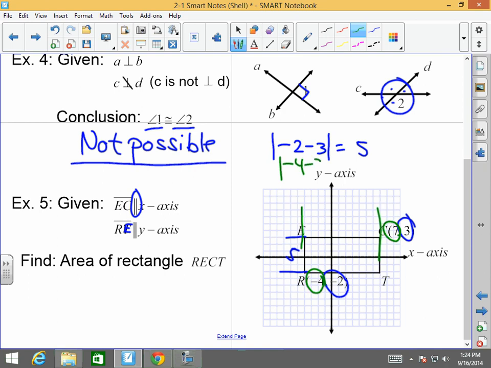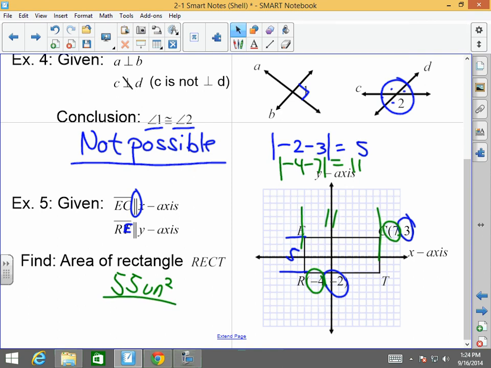So -4 minus 7 is the absolute value of -11, which is 11. So that's 11. And the area of a rectangle is base times height, which would be 55 units squared. The reason I put units is because I didn't say feet or centimeters or inches or yards or meters. So it's just 55 units squared.